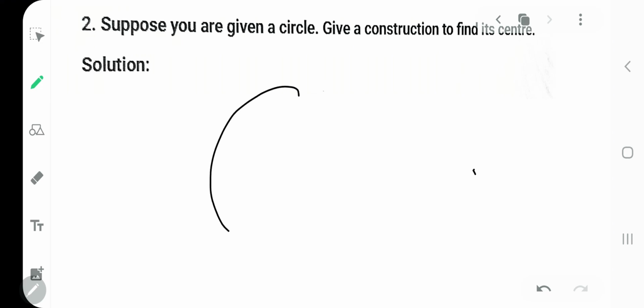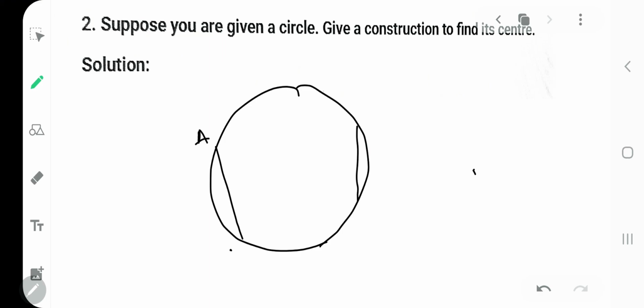So you have been given a circle and you have to find the center. Okay, I don't know the center of the circle. What I'll do is I'll put random two chords. So first I will draw a circle, then I will draw two random chords, AB and CD.